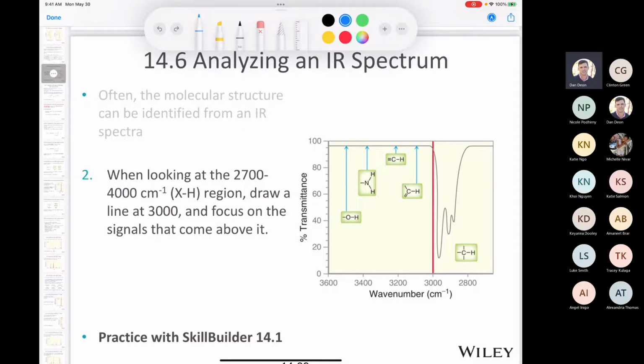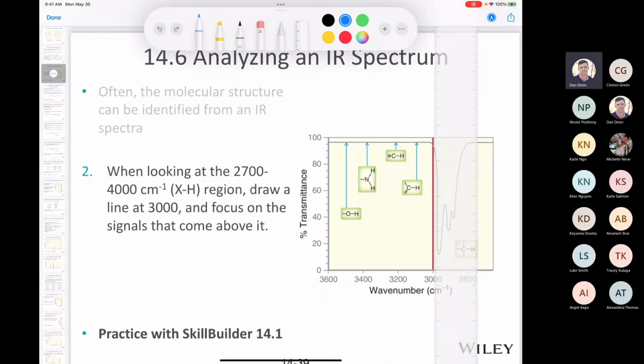Let's look at the diagnostic region even closer. Once you get above 3000 reciprocal centimeters, there's a lot of important information we can get. In fact, I like to take my ruler, put it right on the page, and draw a line at 3000, just like I have in red here, and then I look above that line. In any infrared spectrum, or I'd say greater than 90% of the time, you're going to see a bunch of stretching below 3000, around 2900.